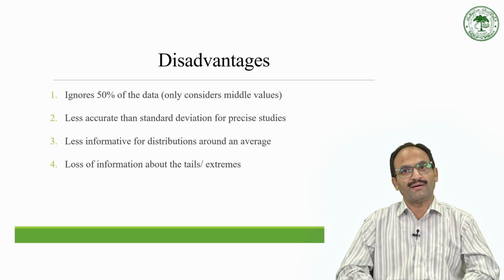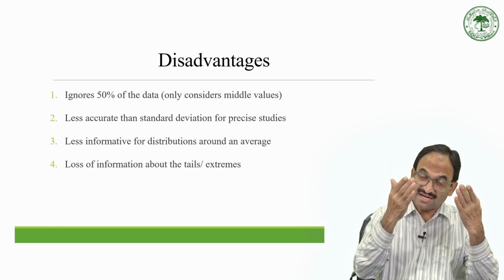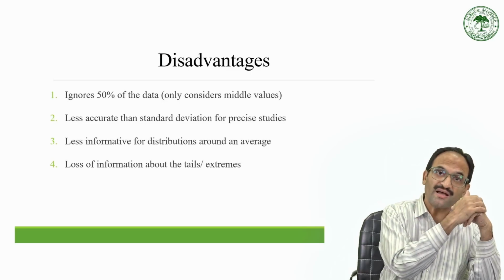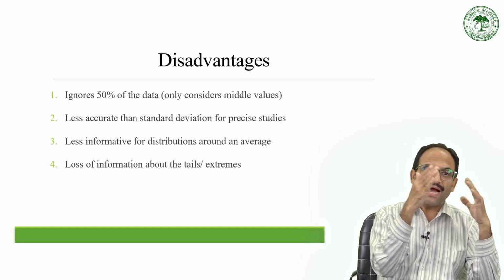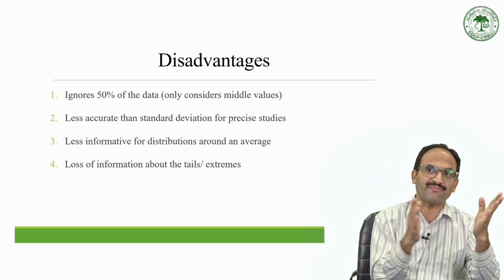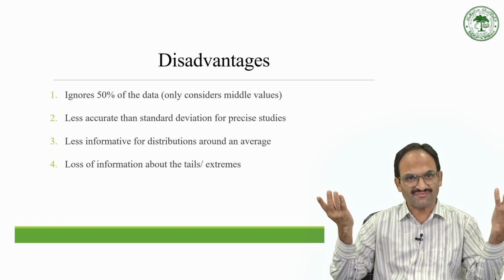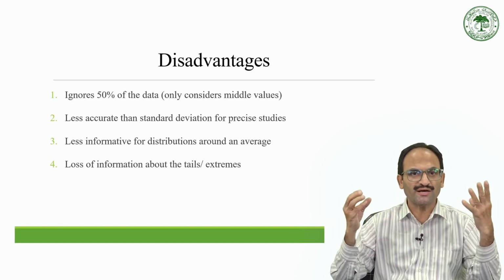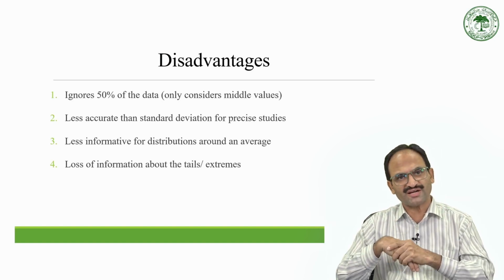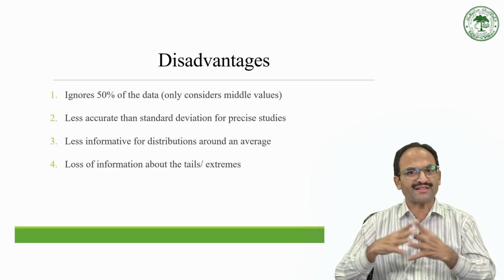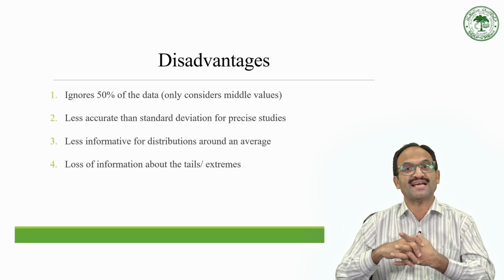There are some disadvantages as well of quartile deviation, and the biggest, as in the case of median, is that it ignores almost 50% of the data and considers only the middle values. This is one of the disadvantages. It is less accurate than the standard deviation for precise studies.